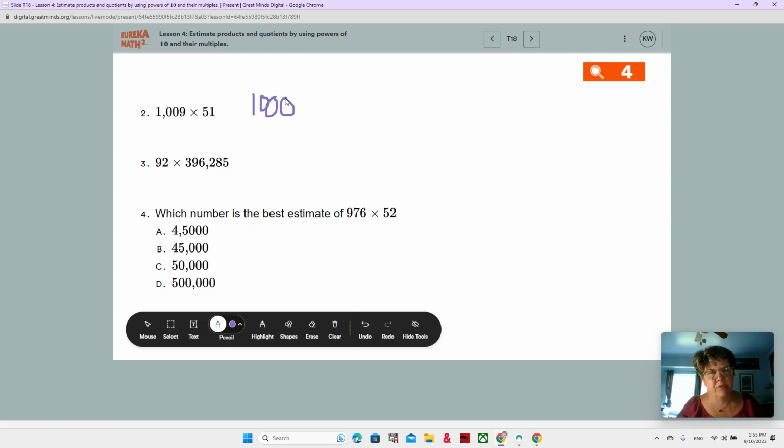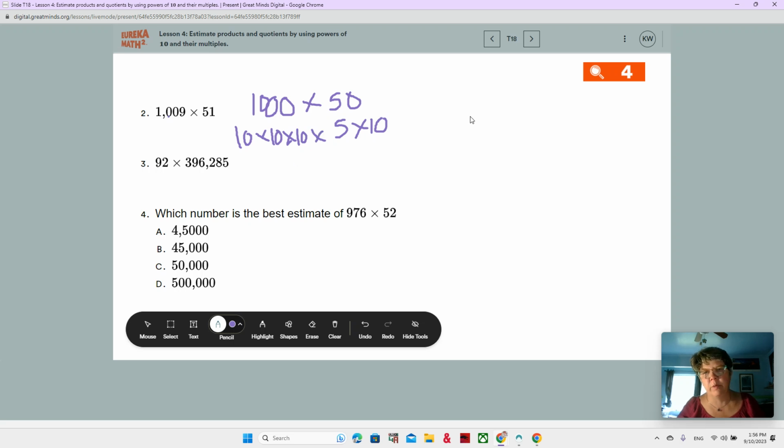1,009 is very close to 1,000, right? Because we have the zeros here, and our 0 tells our 1 to stay the same. And 51 is very close to 50. All right. And then I'm thinking 10 times 10 times 10 times 10. Well, 50 is the same as 5 times 10, right? And 1,000 is the same as 10 times 10 times 10.